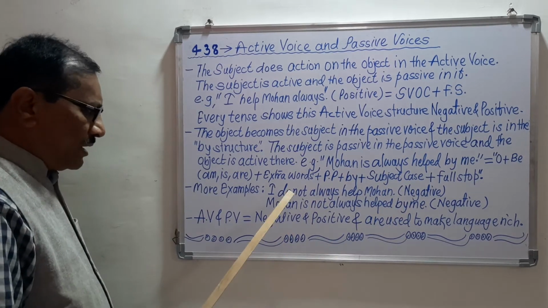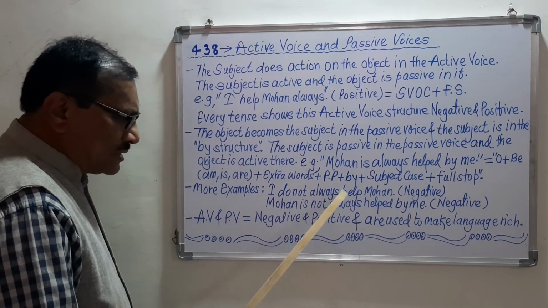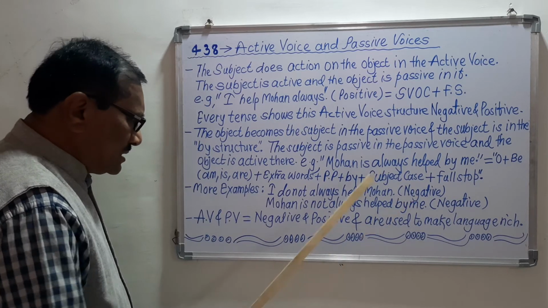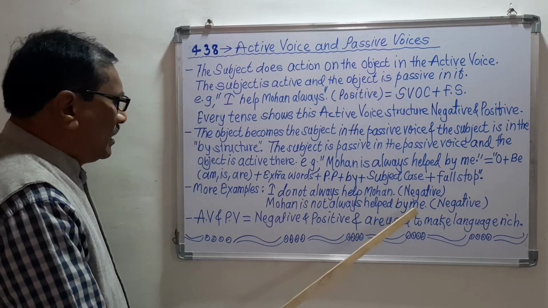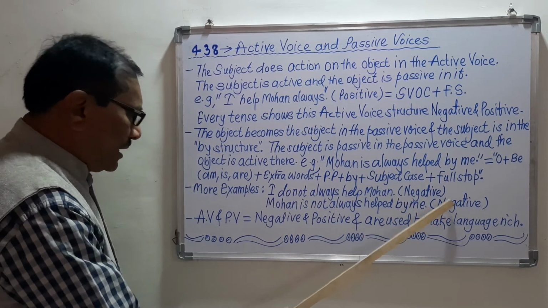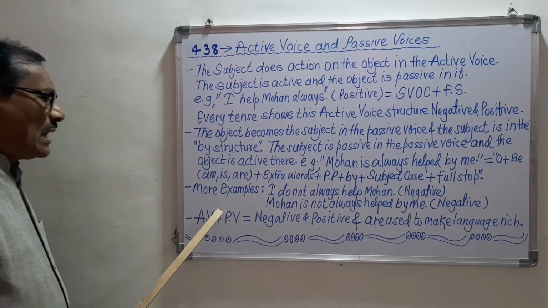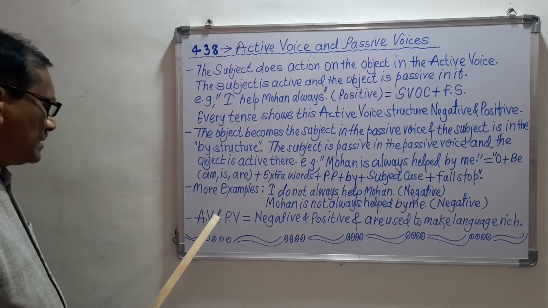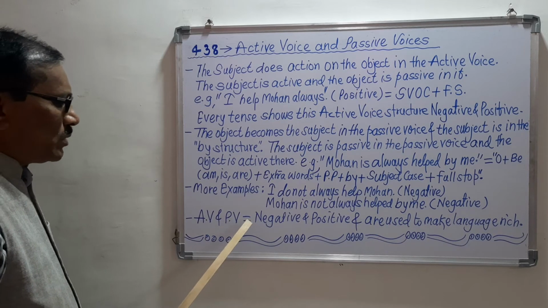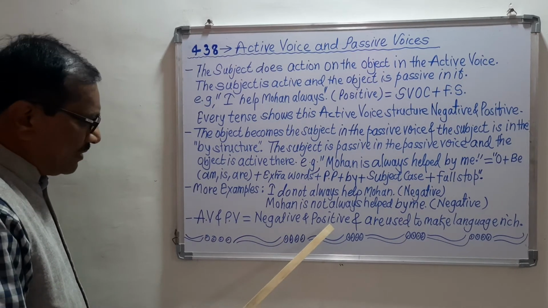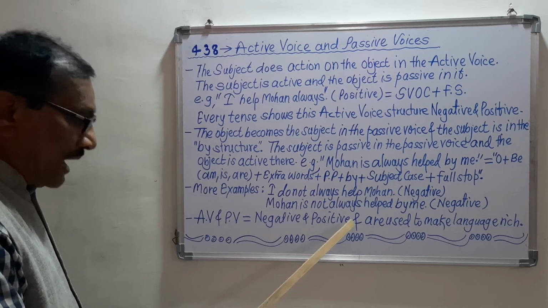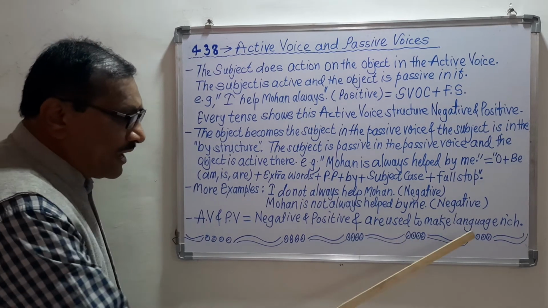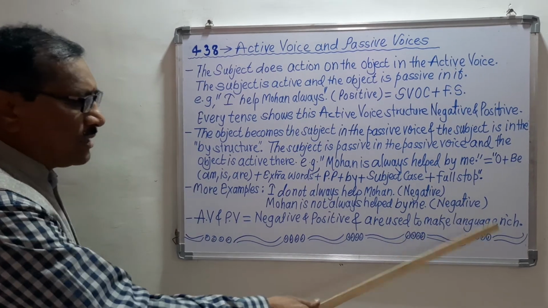So in this way, this is the active voice which is given in the negative sentence, and the passive voice is also taken here in the negative sentence. So lastly, I will tell you that active voice and passive voices, negative and positive, are used to make language rich.